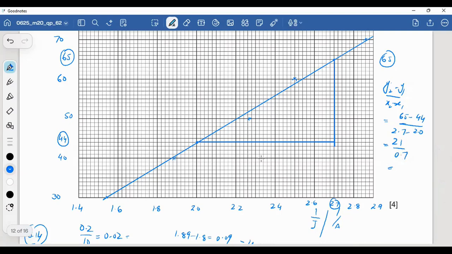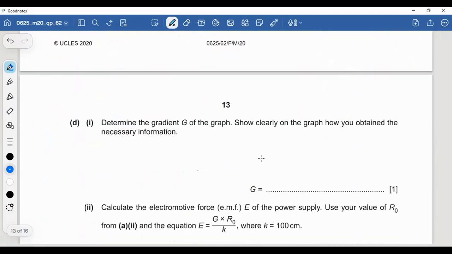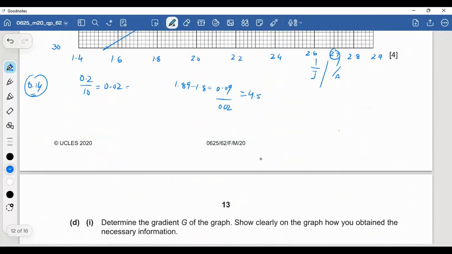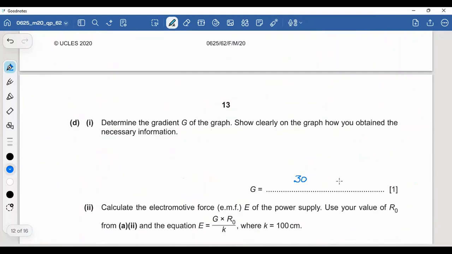So 21 divided by 0.7 gives 30. Sometimes you have to mention the unit. Look at the unit on the y-axis: this is centimeter. On this axis, it is 1 by I, per ampere. So the unit is centimeter ampere.